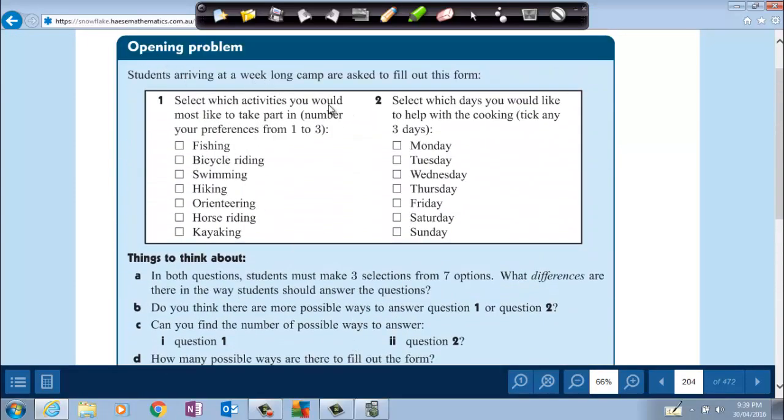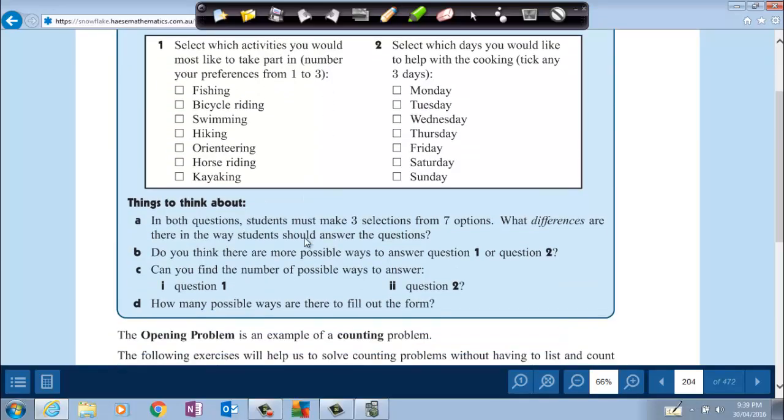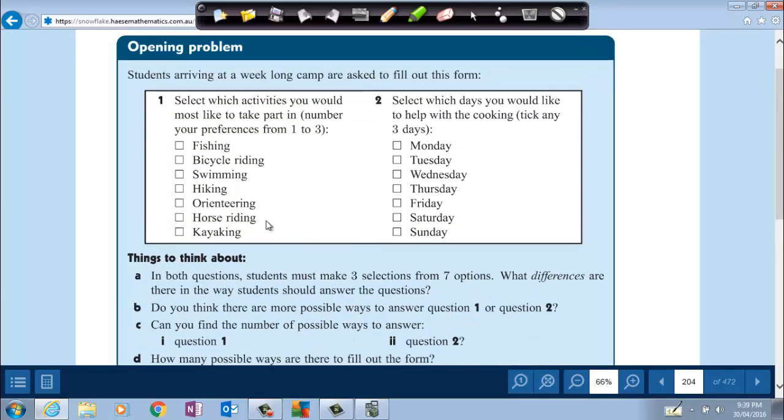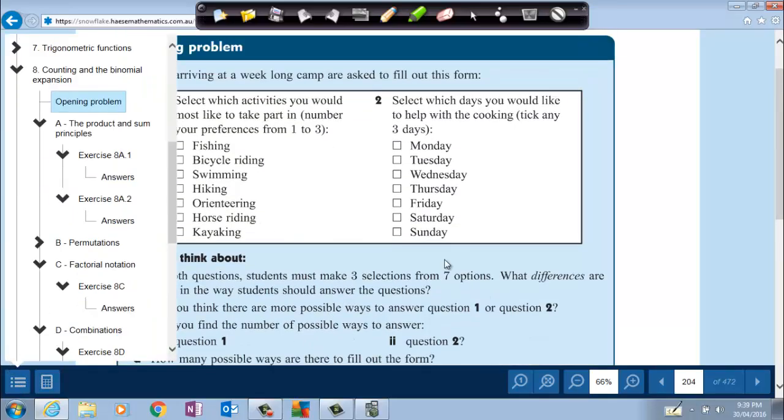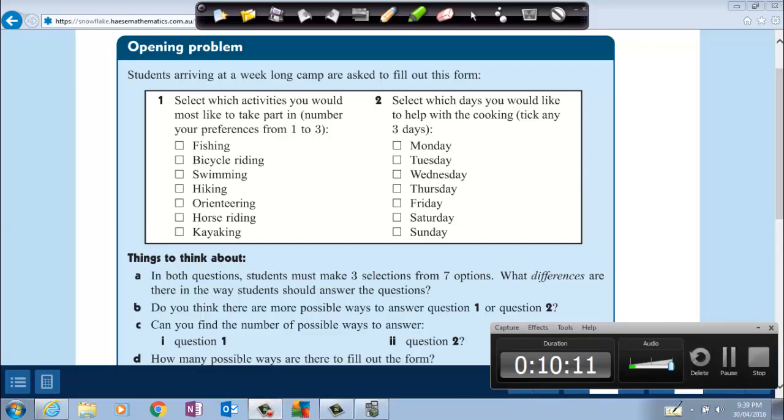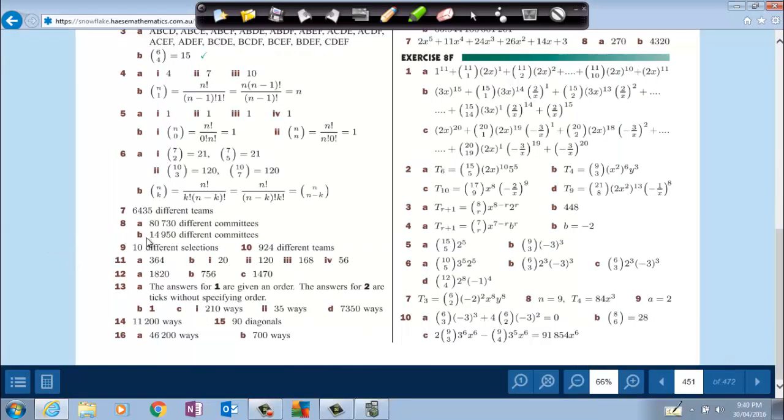This is students on a week-long camp, and these are the questions here. So if you pause that and try and do some of those. And here are the answers for 11 through to 16.